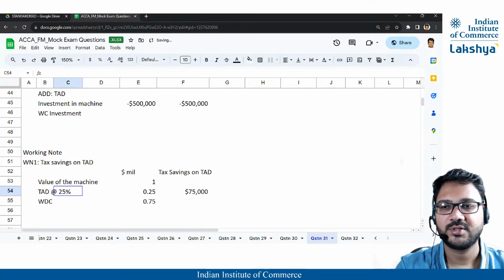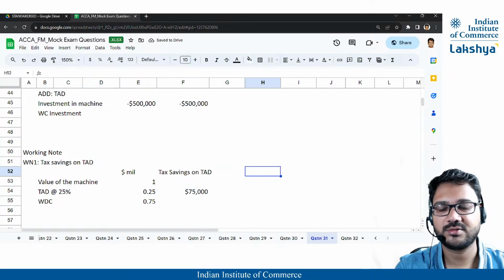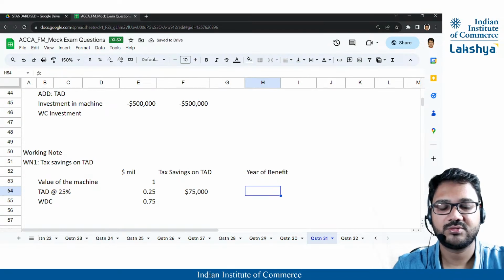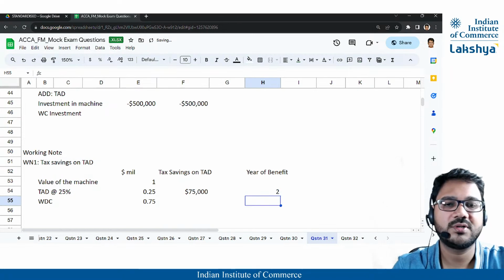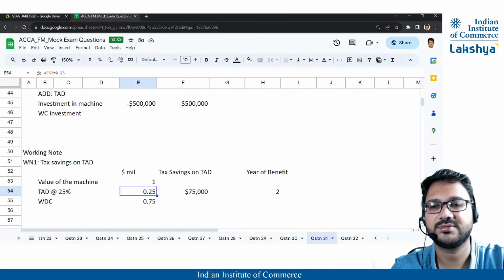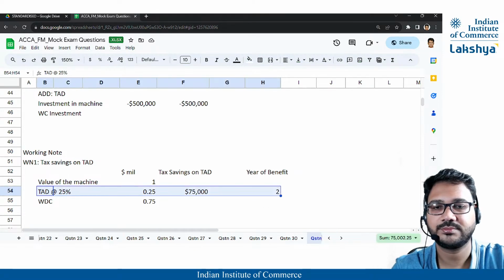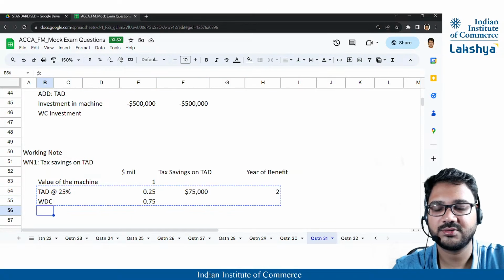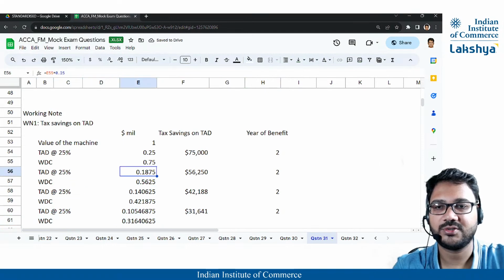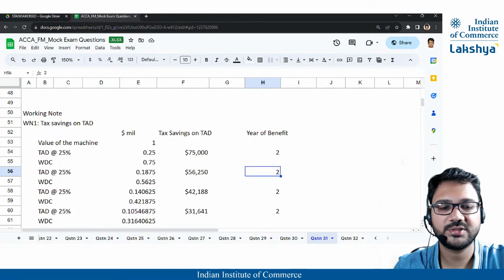Okay, this is for year 1, year of benefit. So this will be year 2 because the savings, as in the taxes, are one year in arrear. Okay, so 1, 2, 3, 4. So this is year 3. This is year 4 and year 5.